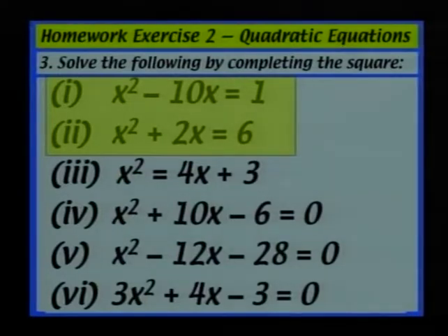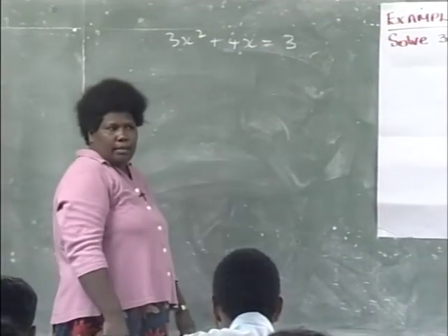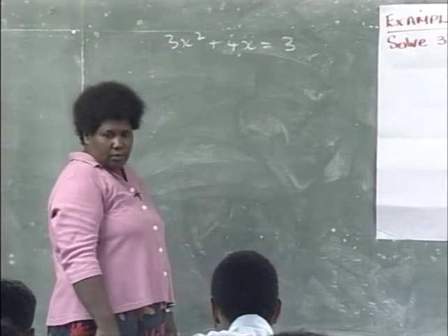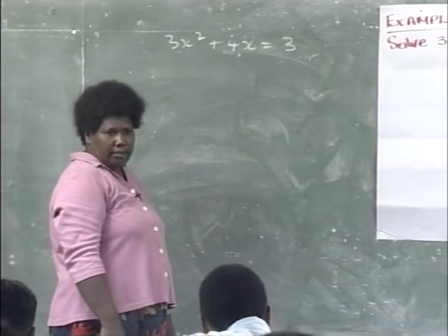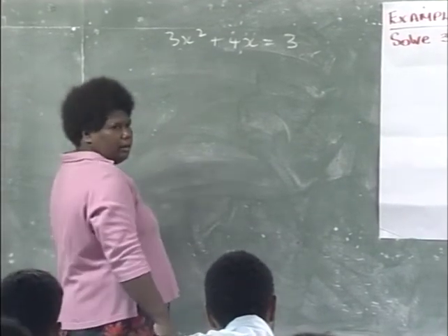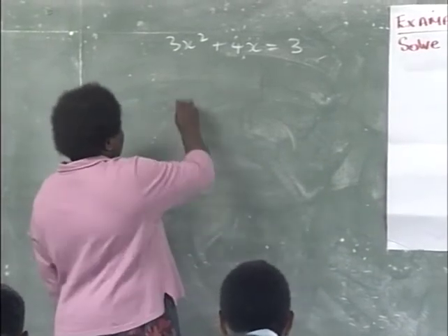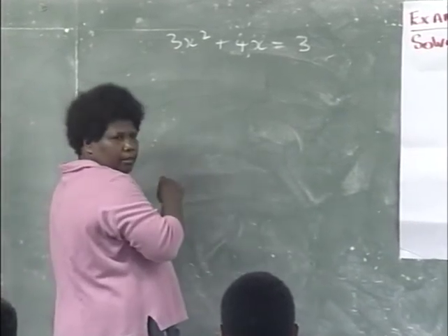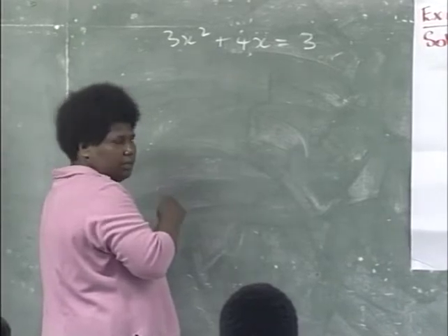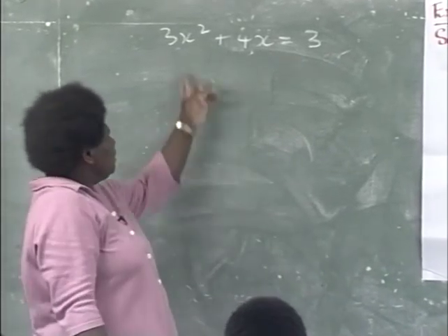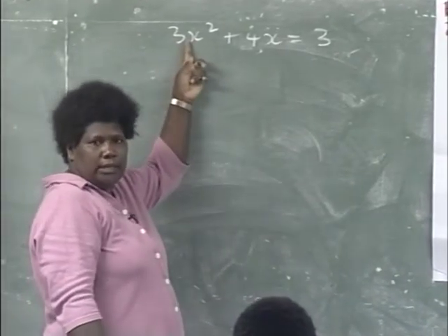See if you get the correct answer. Okay, the equation is 3x squared plus 4x minus 3 equals 0. So I move 3 onto the other side by adding. And then I divide by 3 on both sides of the equation, because we cannot do anything else unless the coefficient here is 1.